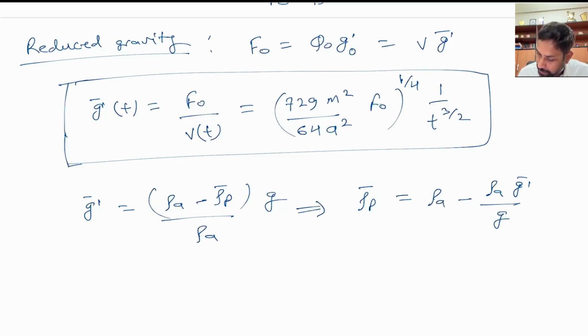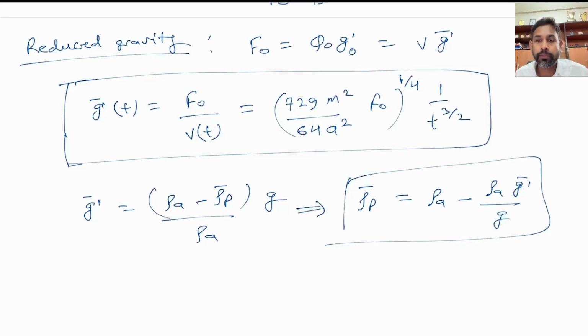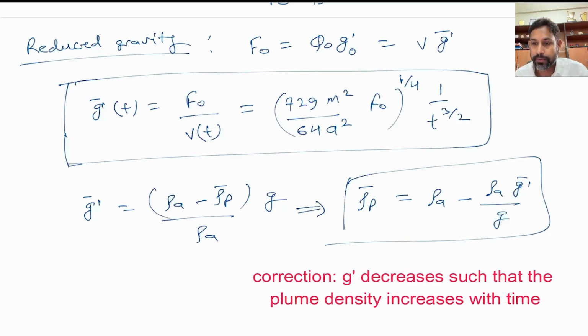So that is your rho P bar. That is the plume density at any point of time, the mean plume density, right? And if you know the g prime bar is decreasing with time, the total density of the plume is also decreasing with time.